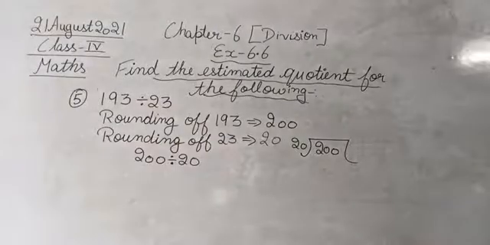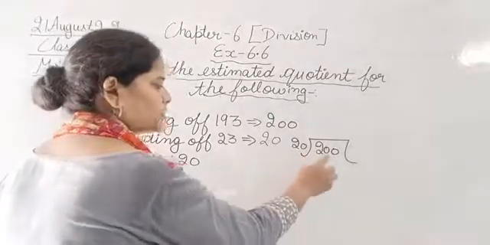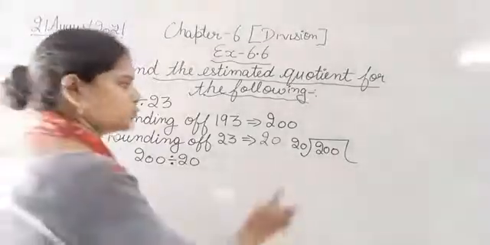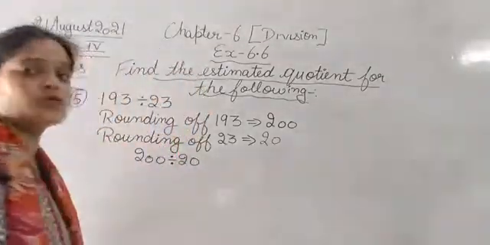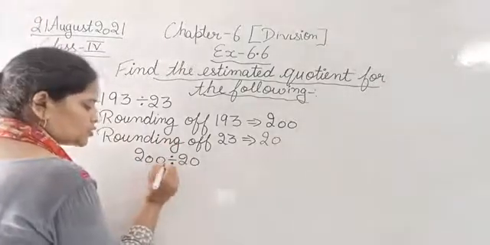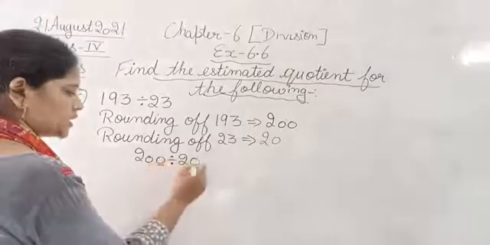But look, here we have 1 zero in 20 and 2 zeros in 200. Instead of solving it this way, we will remove the common zeros. One zero is common to both, so we can take out one zero from each.